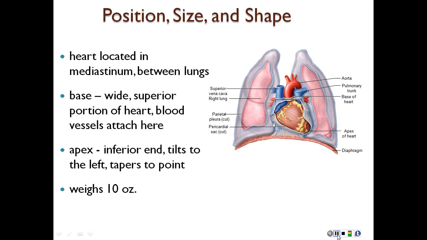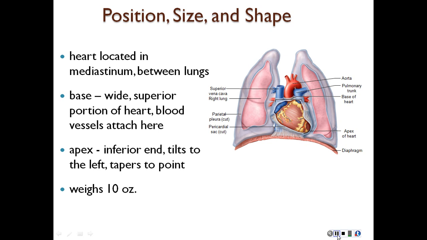All right, so where's the heart? So the heart is located in the center of the chest, but it's kind of tilted. The apex of the heart is tilted to the left, as you see in this picture. And the apex is the tip, and you can see the way it tilts, but it is in the center of the chest, in the area called the mediastinum, between the lungs.